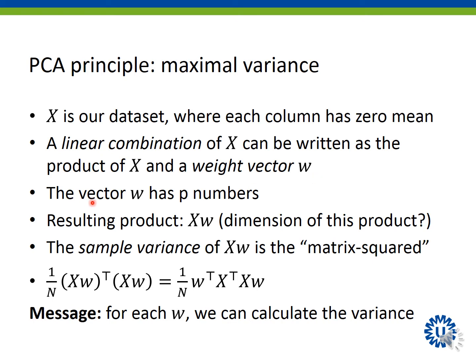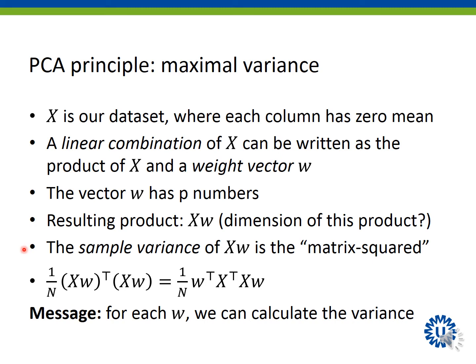And this weight vector w is a vector with p numbers, so the number of features in X, and the resulting projection can be written as Xw. The dimension of this product is the number of samples times 1, because a vector has one column.